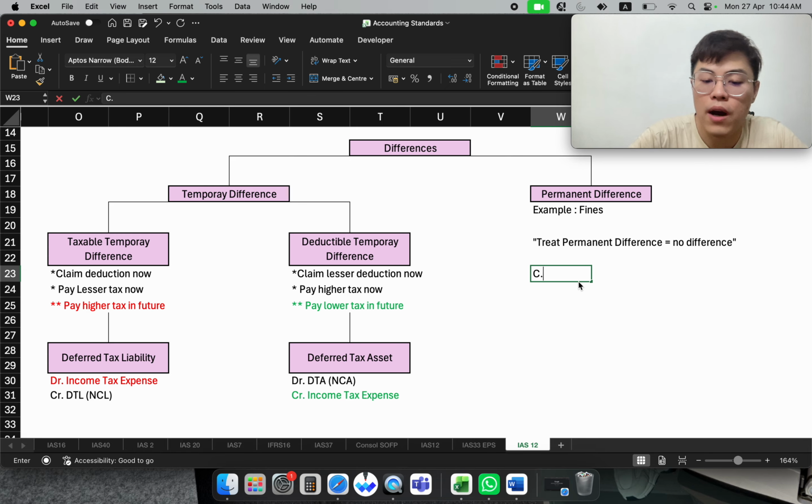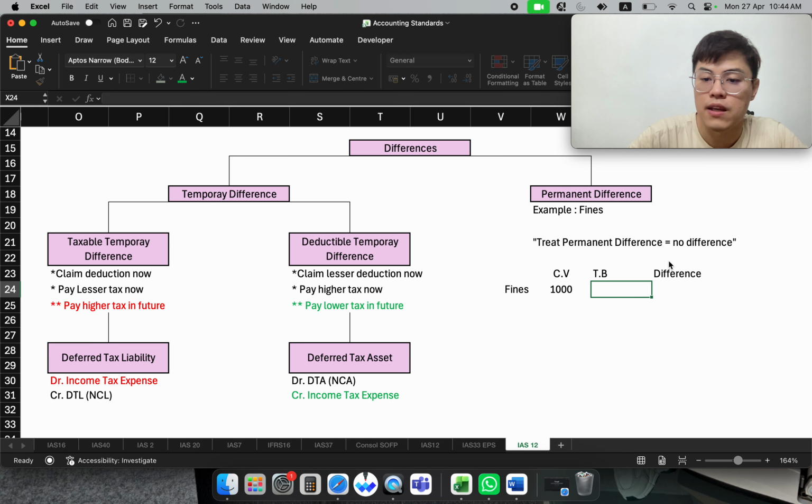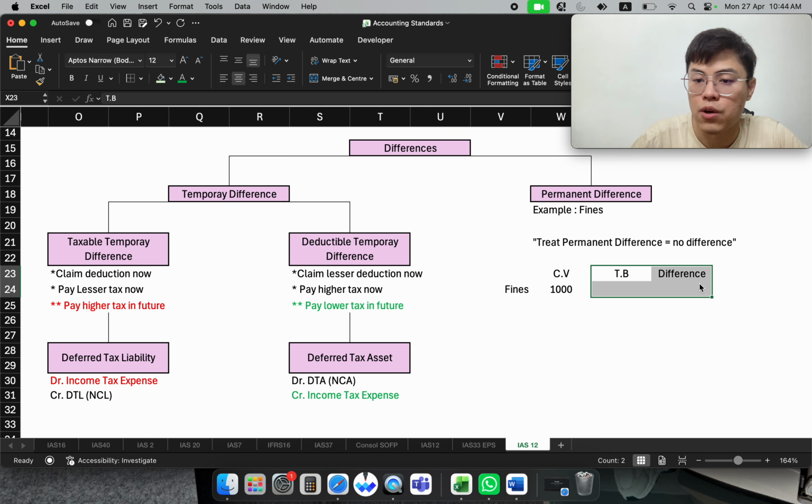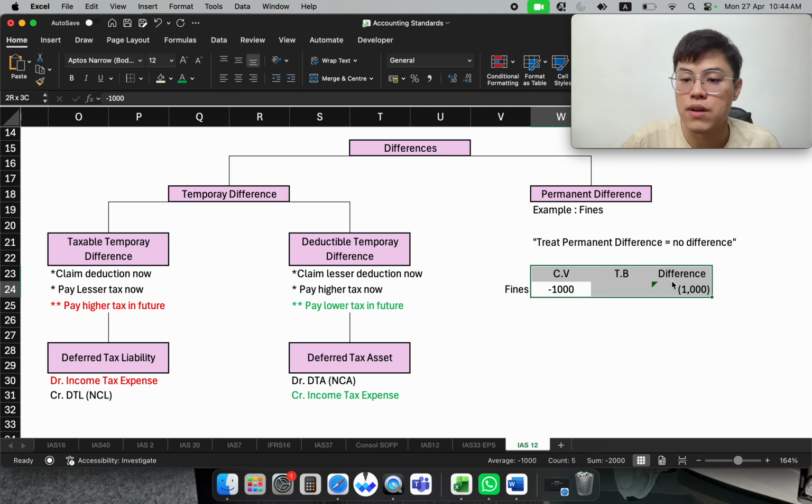If you tell me your accounting carrying value for fines is 1,000, the difference is what you have in your carrying value minus your tax base. But since this is a permanent difference, if you present it like this, you are telling people that in future you are going to get back the tax, as a deduction.